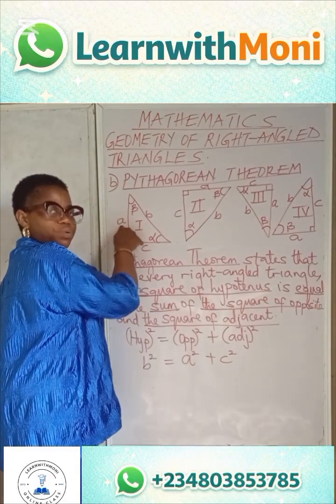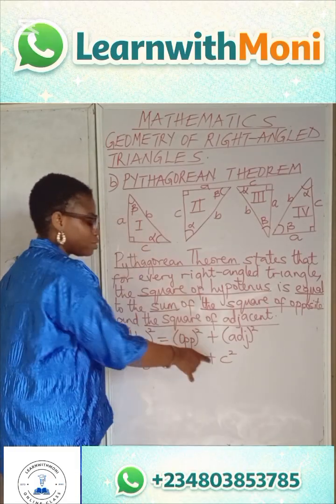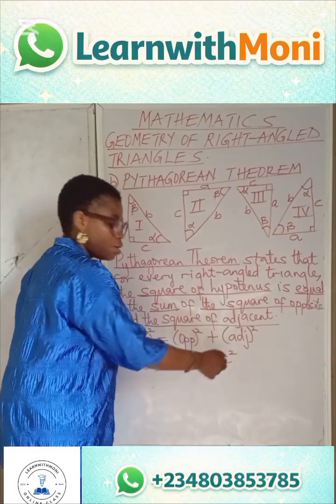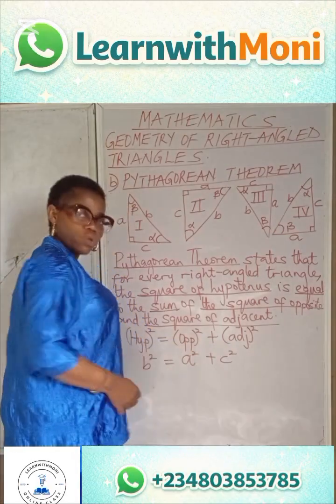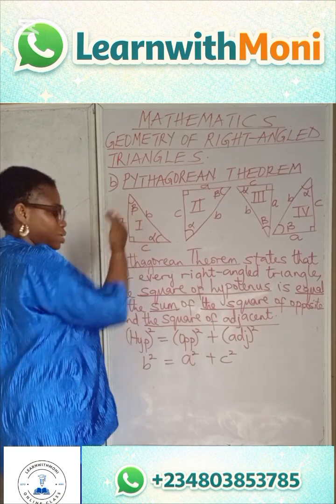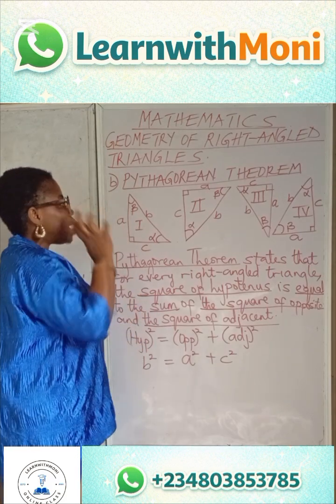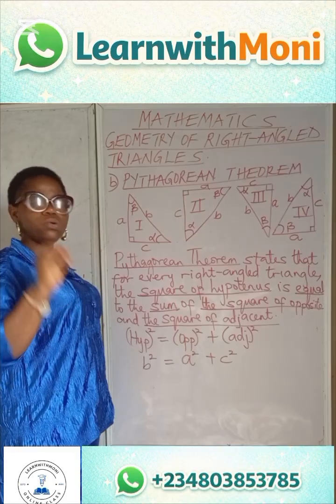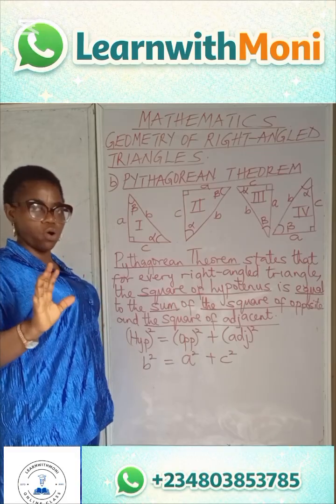The adjacent of angle beta is A. That is plus A squared. So whether it is A squared plus C squared or C squared plus A squared, both of them are correct in this case. So Pythagorean theorem does not have to depend on the angle in consideration at all.